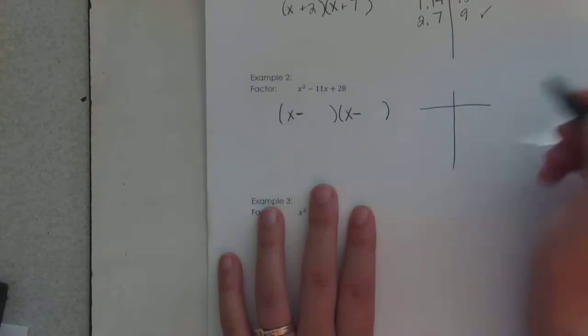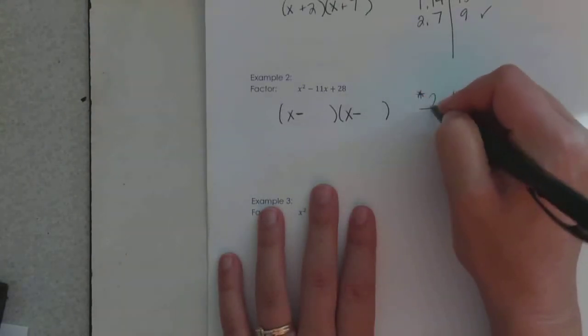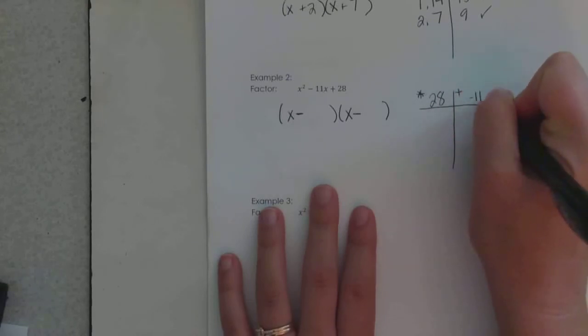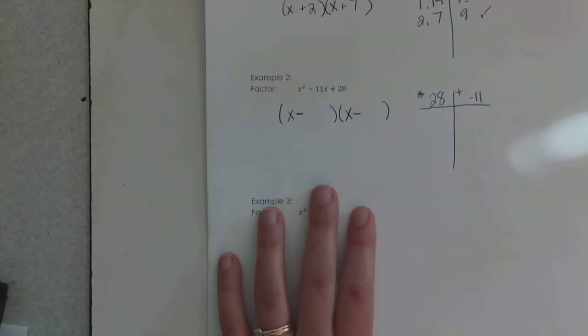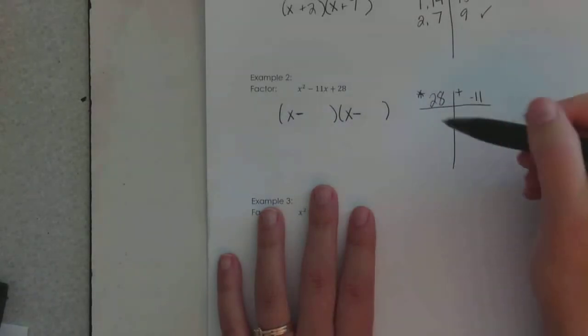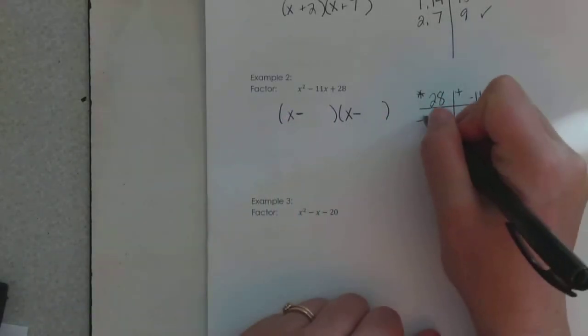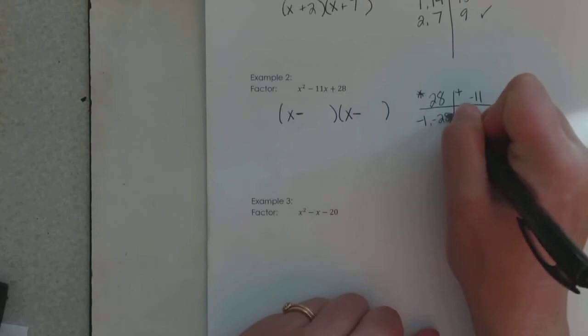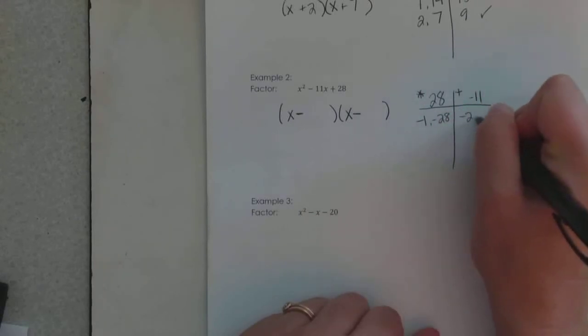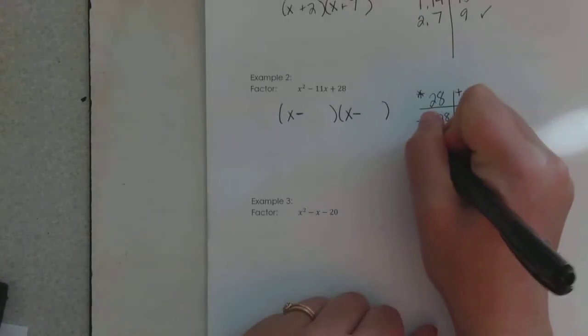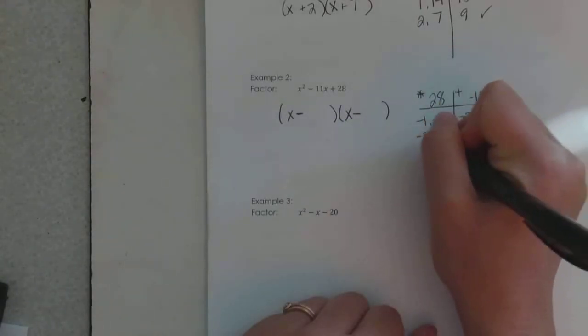Now again, let's make our T-chart. Maybe you already got the numbers in your head. That's fine. I'm still going to go over this because it's good practice. When I fill in my factors, I'm just going to make them negative because I already know they're going to be negative. So negative 1 and negative 28. When I combine these, I get negative 29. Not what I'm looking for. I go to 2.